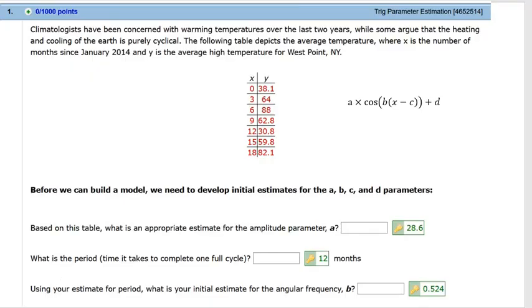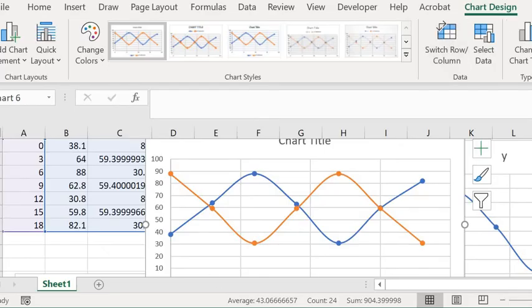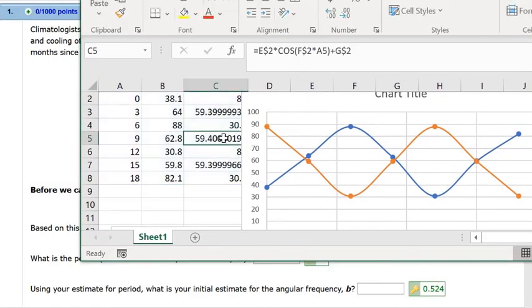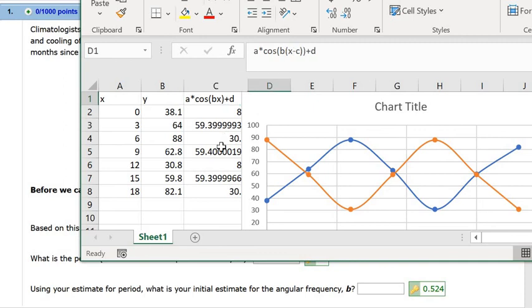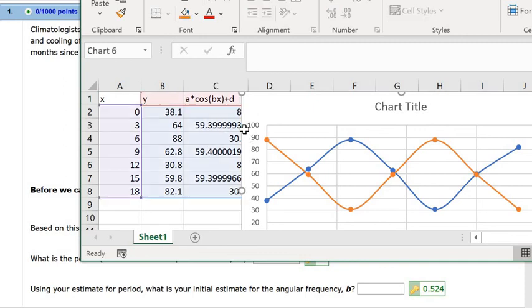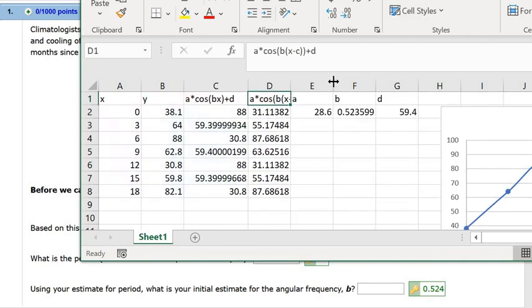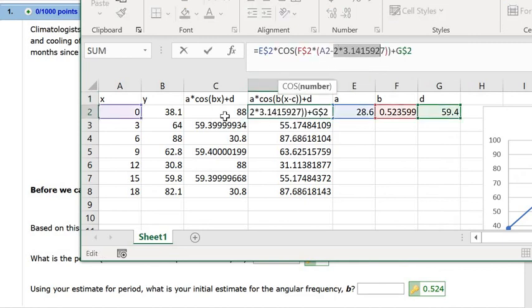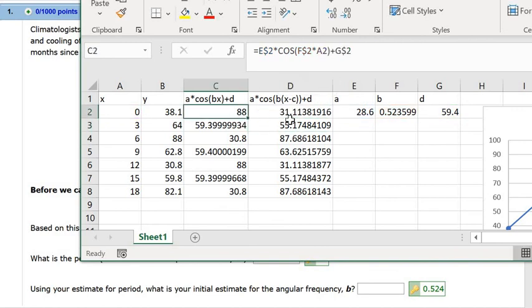And so I went to Excel again, and I checked what it would look like if I had plotted it with 2 pi, and I'm going to get rid of this so you can see. So this is my one with C in it. I just put 2 times pi here, subtract it off. So same exact formula as I had over here, but I now have a shift by 2 pi. And I just scrolled those down.